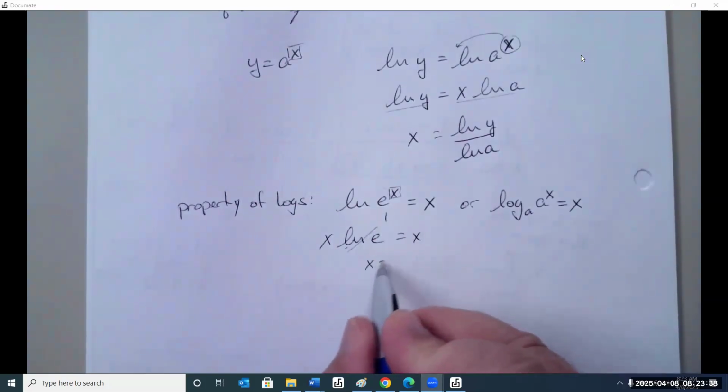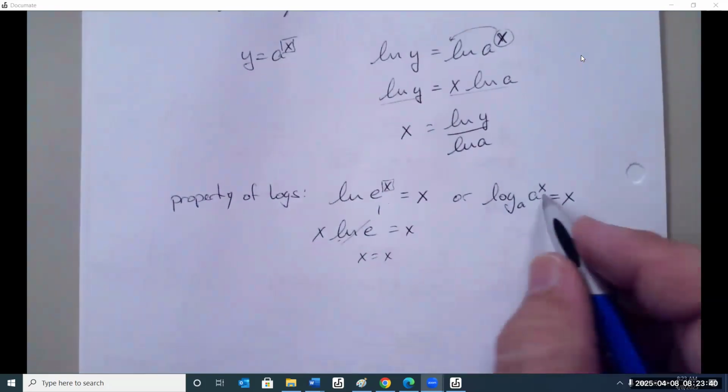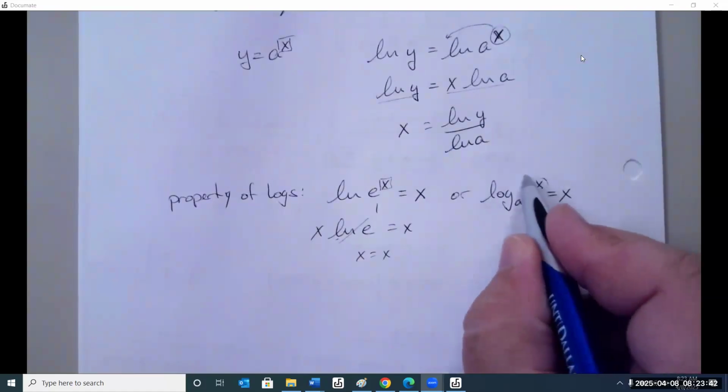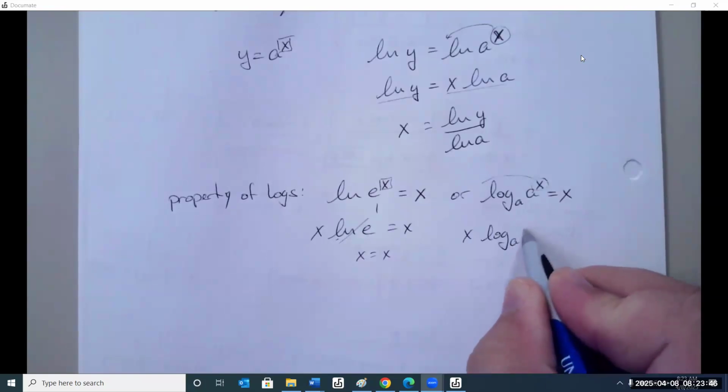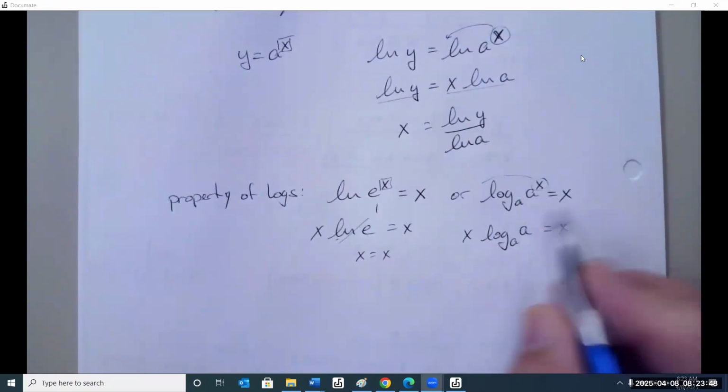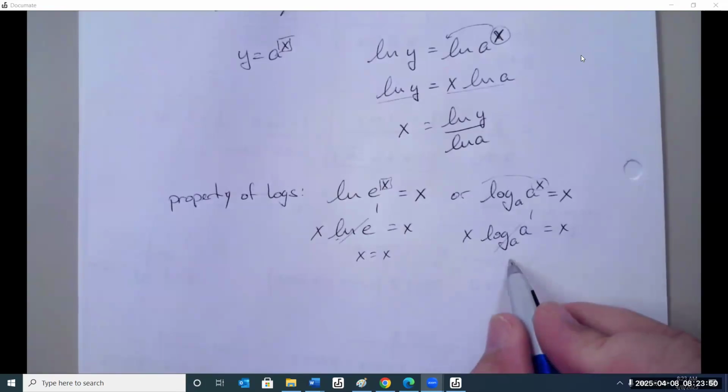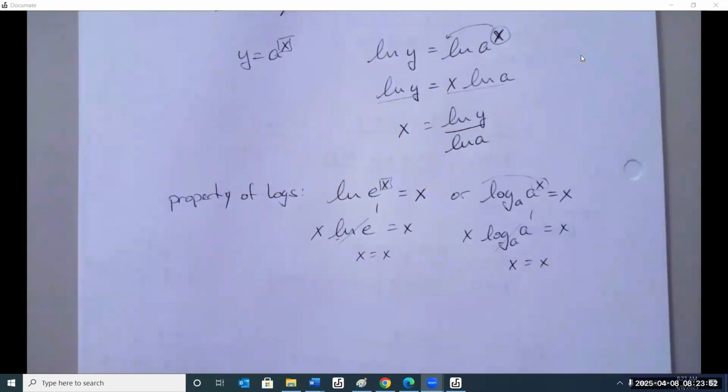So we have x equals x. Same thing here. The log exponent comes out in front. Log base a of a becomes 1. So we have x equals x.